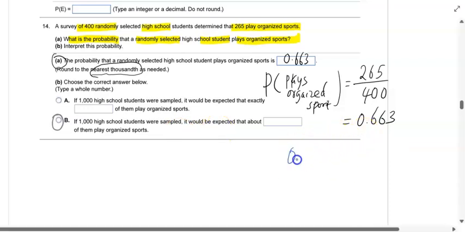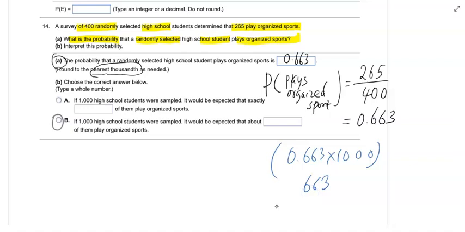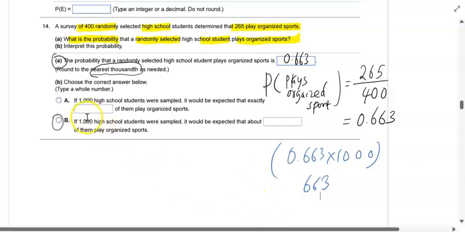You multiply 0.663 by 1000, you get 663. In other words, if you sample 1000 high school students, about 663 play organized sports.